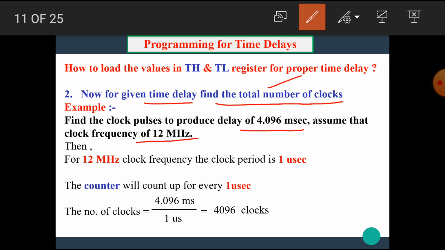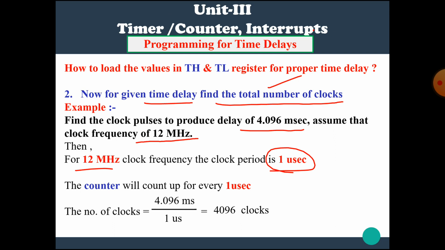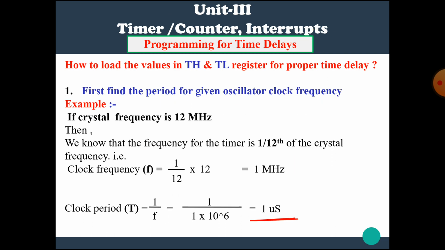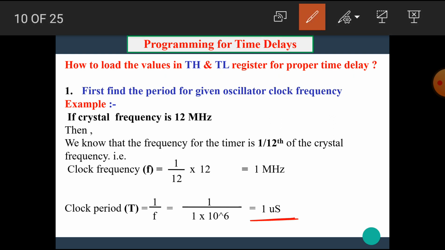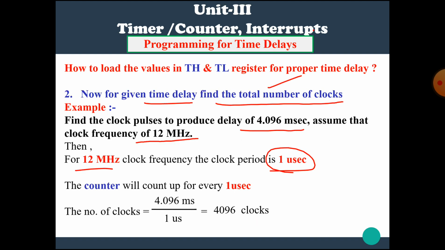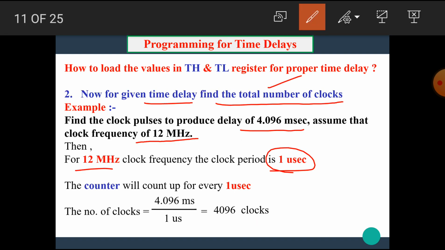We already seen that for 12 megahertz clock frequency, the clock period is 1 microsecond. Then the counter will count up for every 1 microsecond.